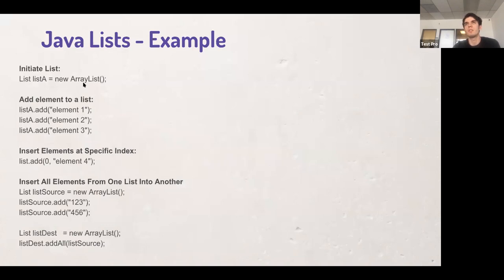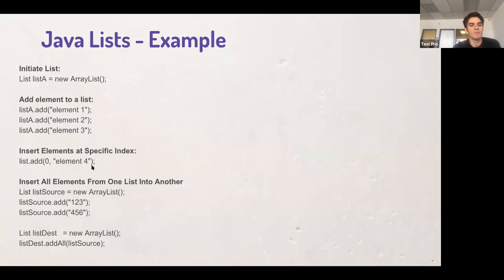It's a kind of internal library, internal API, the same as any other class. After you do that, it initiates an empty list. And this is how you can add elements to this list, just using the .add built-in method.